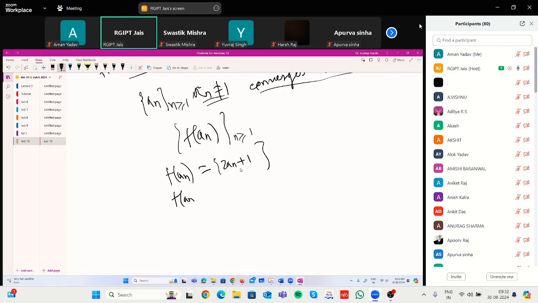Where does f of a_n go? This goes to 3, right? Because a_n goes to 1, is not it? So as you approach x to 1, your f of x should approach 3.